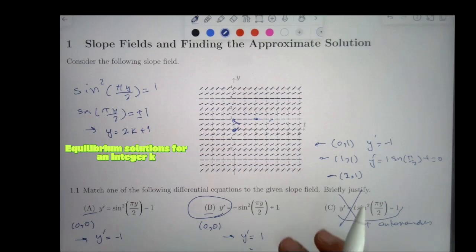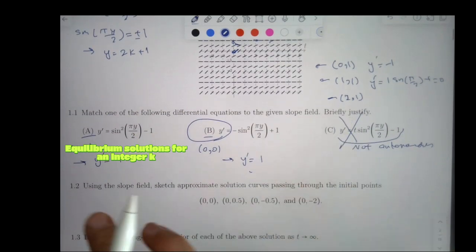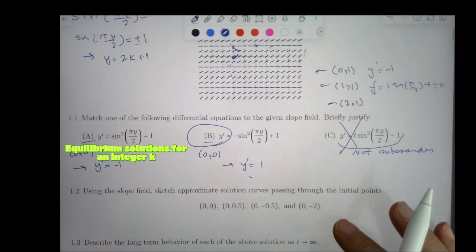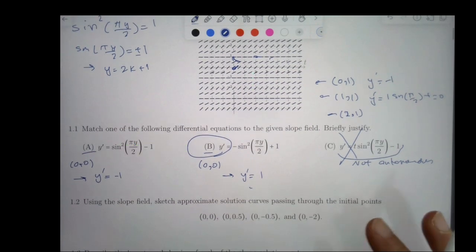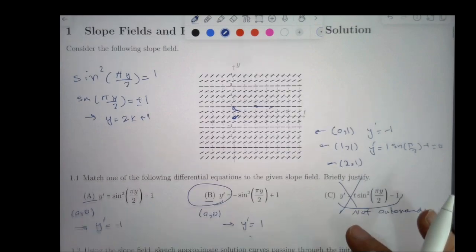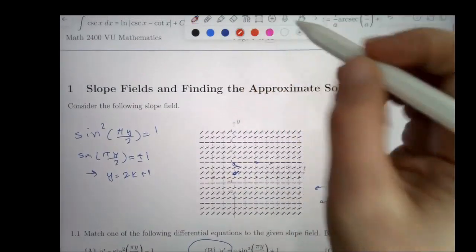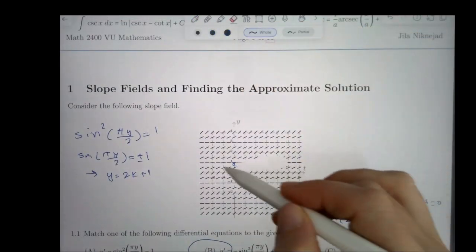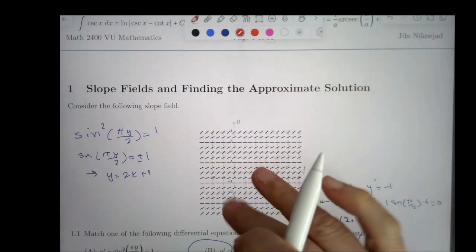The next thing is, using the slope field, sketch the approximate solution curves passing through the initial points 0, 0; 0, 0.5; 0, negative 0.5; and 0, negative 2. So let's start.